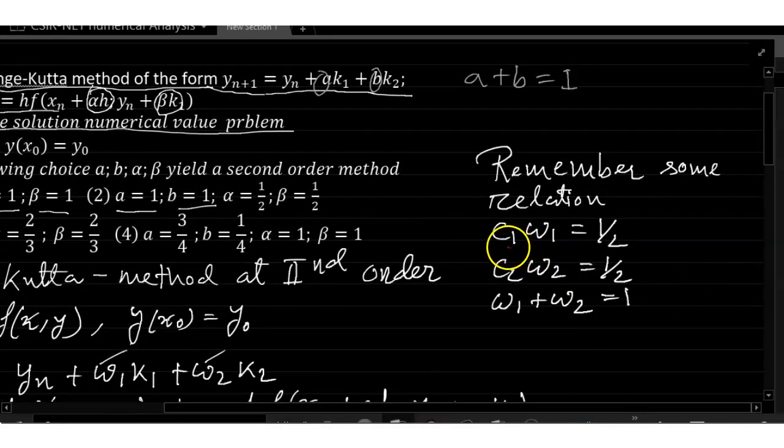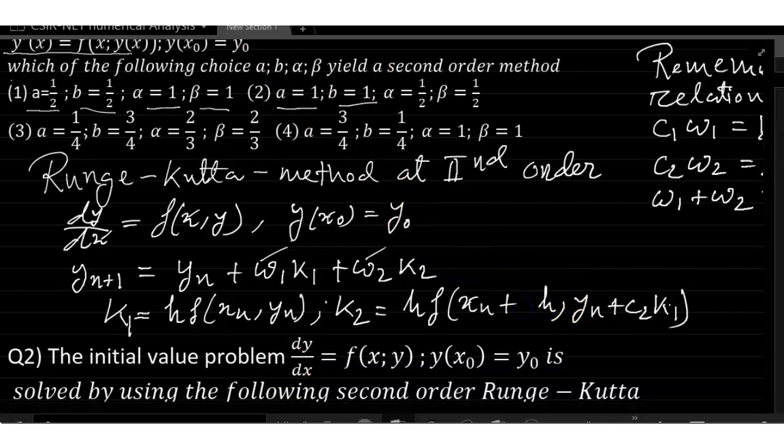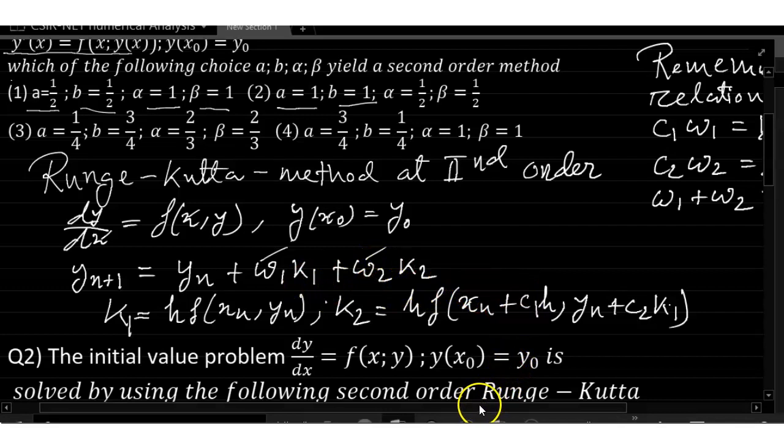According to this formula, in this portion it is c1, not a. This is c1 w1 equals to half.